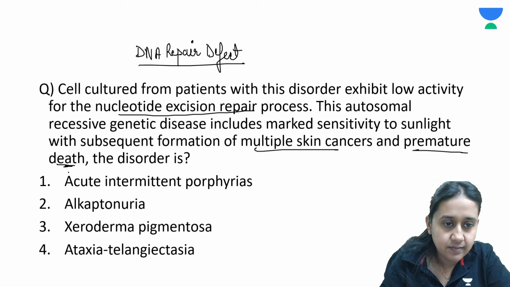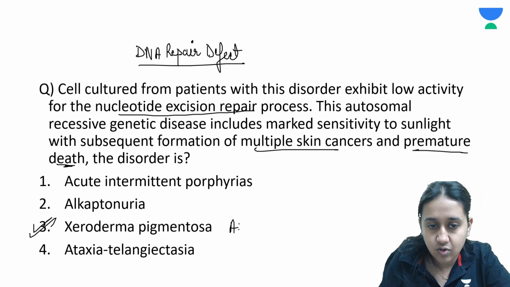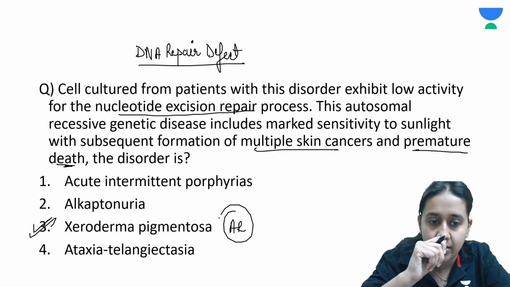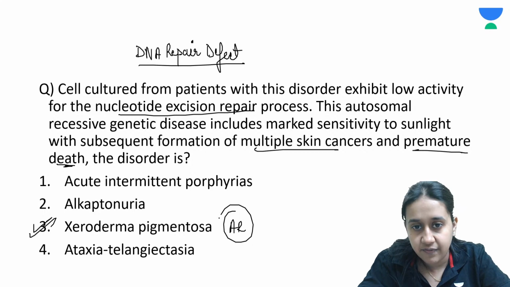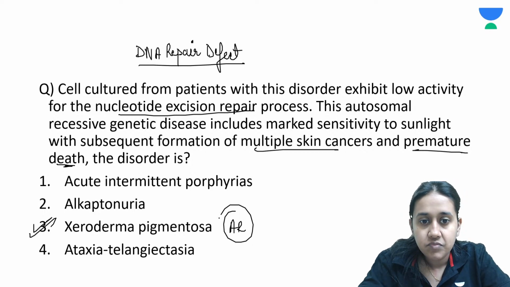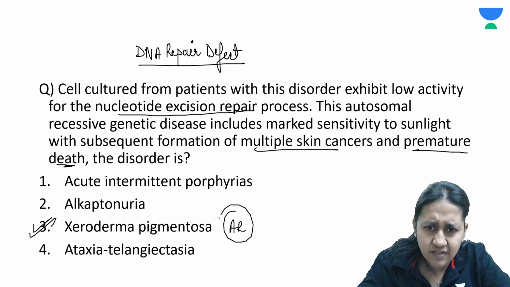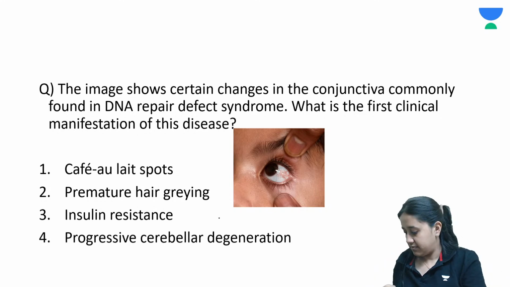The correct answer is, this is a patient of an autosomal recessive disorder, which is xeroderma pigmentosum. Here the reparative mechanisms are defective. So whenever the patient is exposed to sunlight, he develops photosensitivity, skin cancers, etc. Next question.